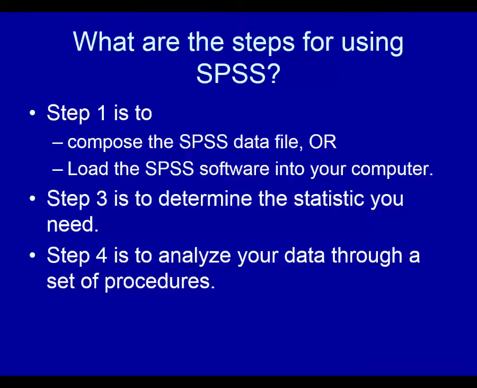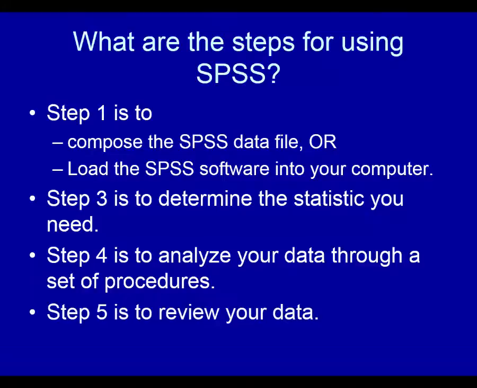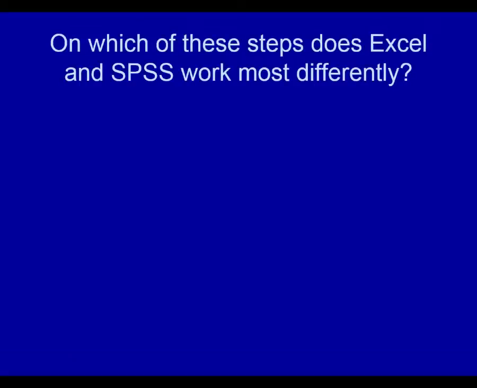They're fairly complicated as you go through characterizing the data structure in a number of different ways. Step 5 is to review your data. The review of your data with SPSS will be more complicated than with Excel because the information presented to you for the analysis you have done has a lot of concepts in there, many of which you will not understand.